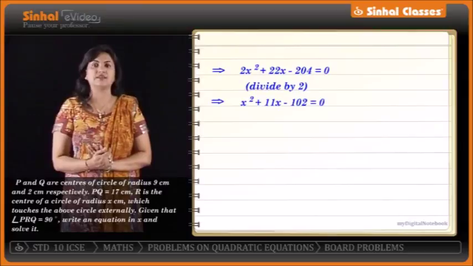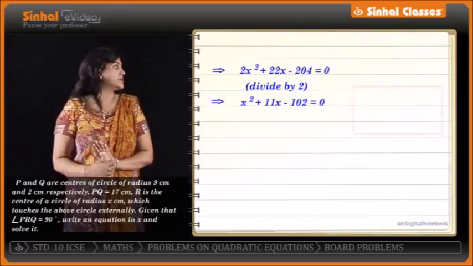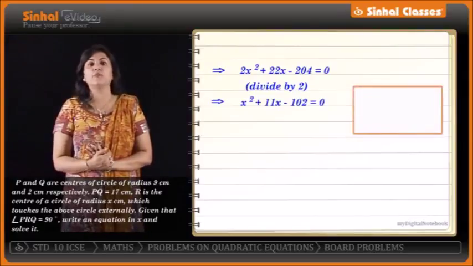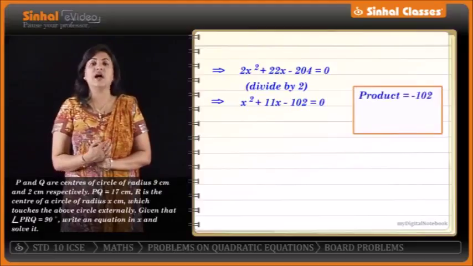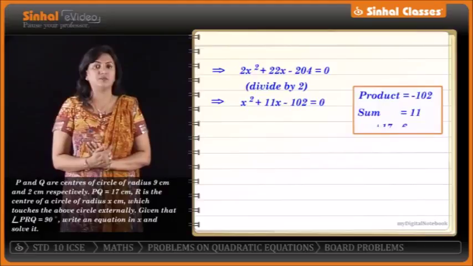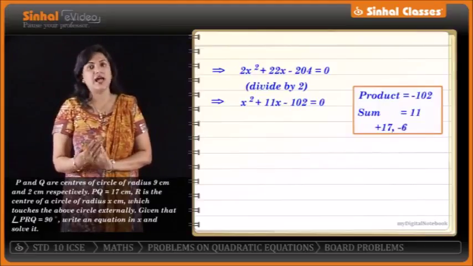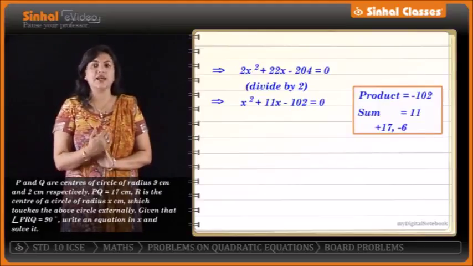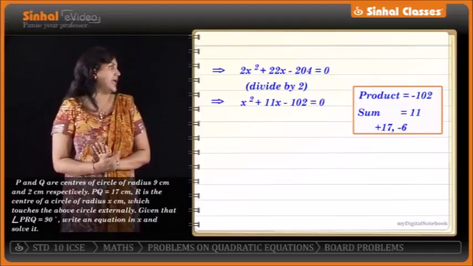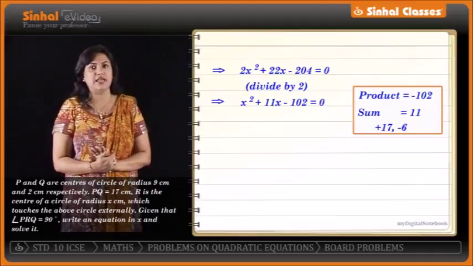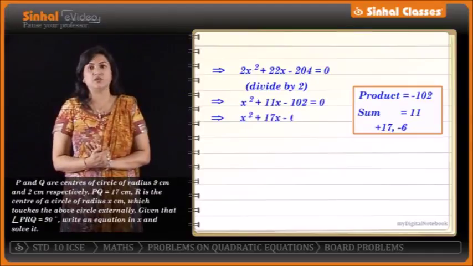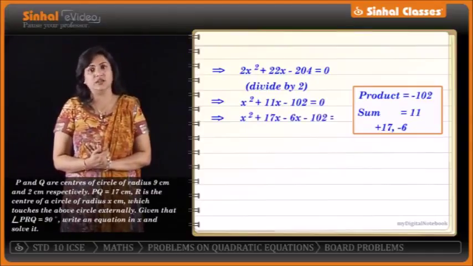To factorize, we want two numbers whose product is minus 102 and sum is 11. So let those numbers be 17 and minus 6. We write the equation as x square plus 17x minus 6x minus 102 is equal to 0.